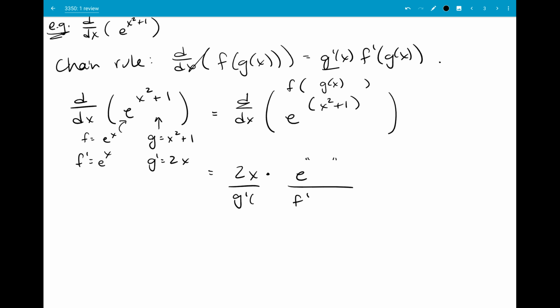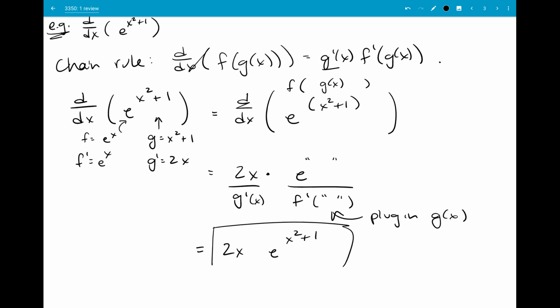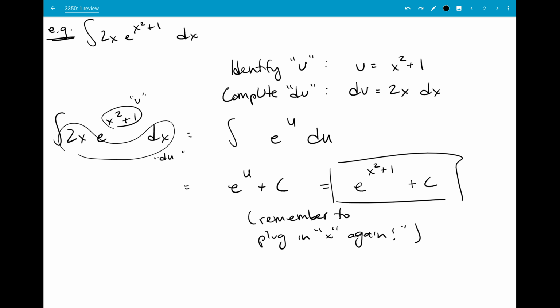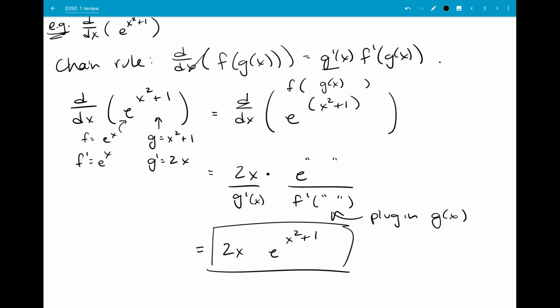Here's your f prime, where you need to plug g into the input of your derivative for f. So it's e to the g of x. g of x was x squared plus 1. So it's 2x e to the x squared plus 1. And that's not surprising because we just found that in our example right here. So it all lines up since derivatives and integrals undo each other.